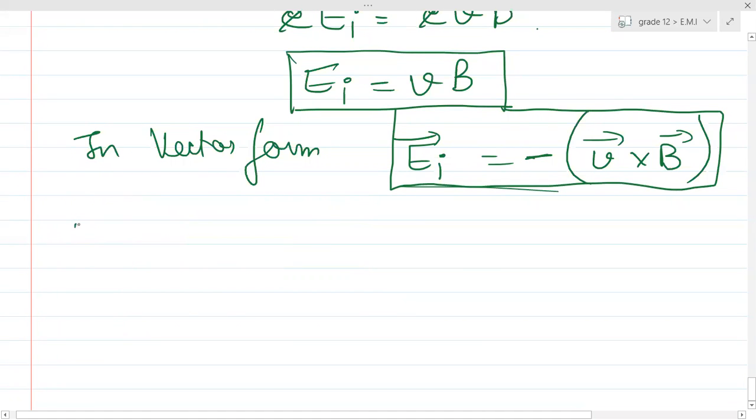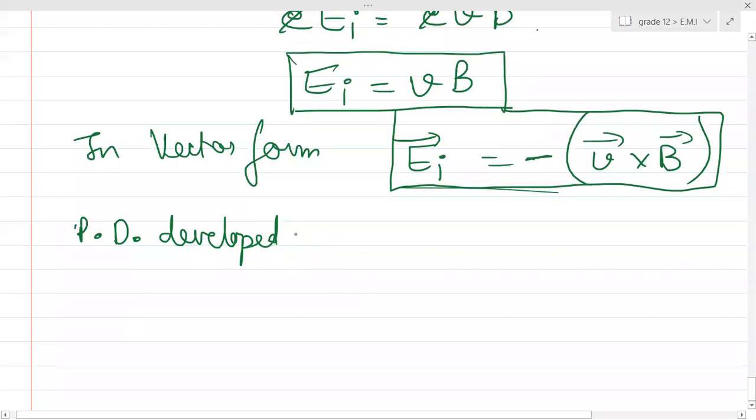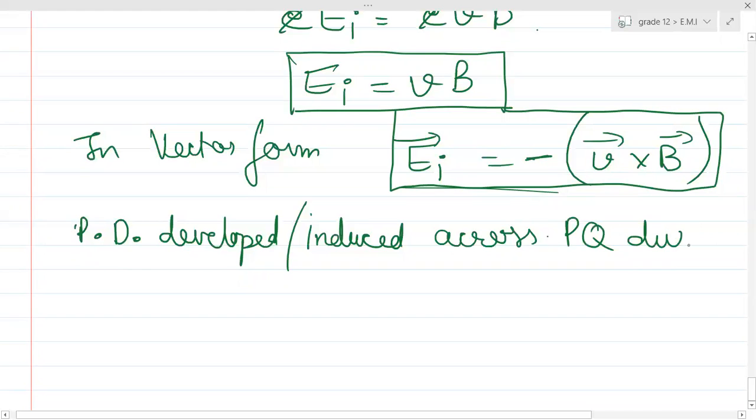Now the potential difference developed, or basically can I say induced, across PQ due to the induced electric field is, let's say, Vp minus Vq.